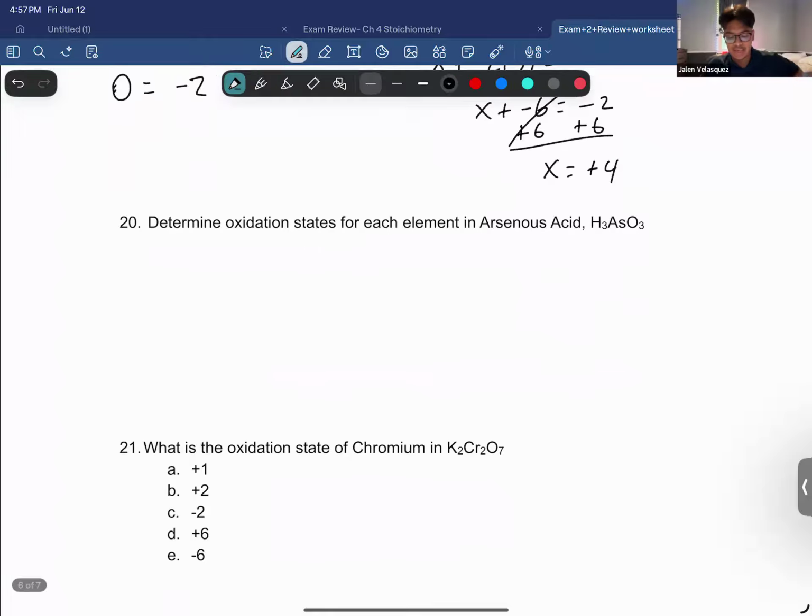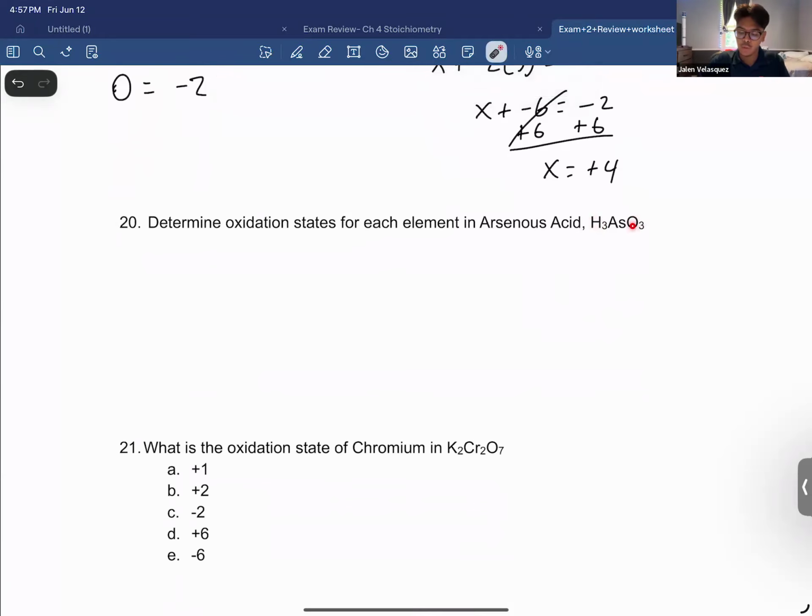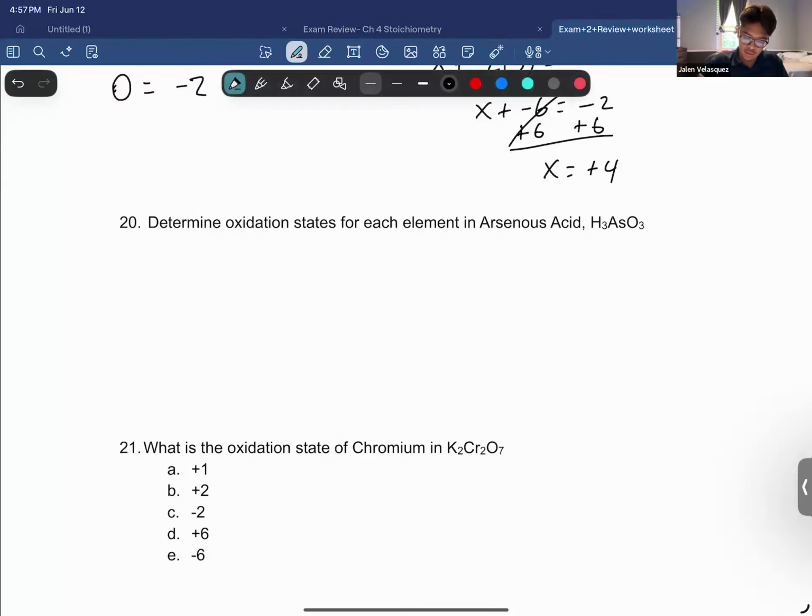Number 20 is pretty much asking the same thing. So determine the oxidation states for each element in arsenous acid. So let's see, we know H, we know O, we don't know As. So we have positive 1 times 3 for H plus X for As plus negative 2 times 3 for the O equals 0.